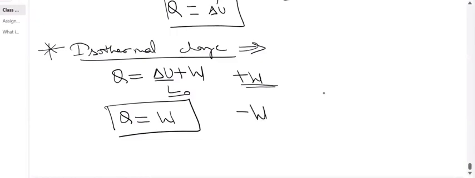And if it is minus W, it simply means the gas is compressing inside the system. If it is compressing, the surrounding is doing the work over the system. And if it is expanding, the system is doing work over the surrounding, right?